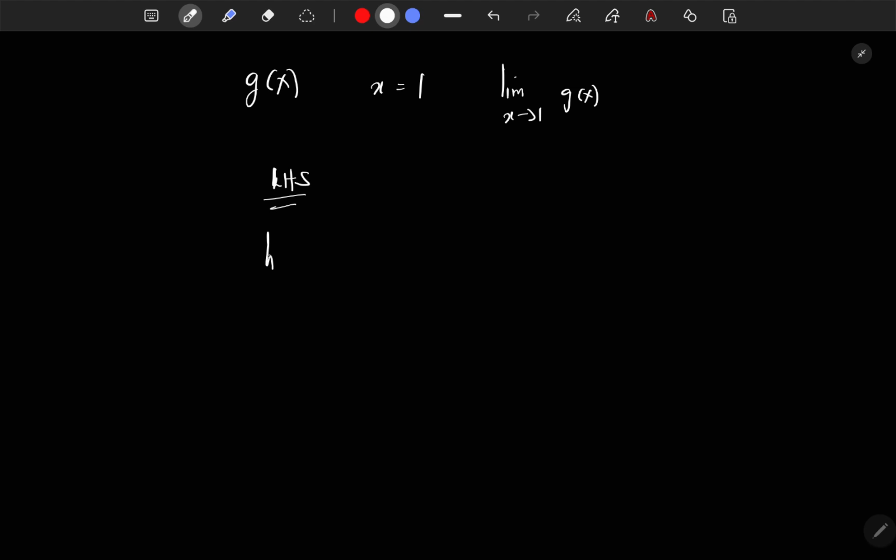So the limit as x approaches 1 from the left hand side of the function g is 1 plus 3, which is equal to 4. Because we're getting the one which is on the left side. If we get the right hand side, we're saying the limit as x approaches 1 from the positive side of g of x.